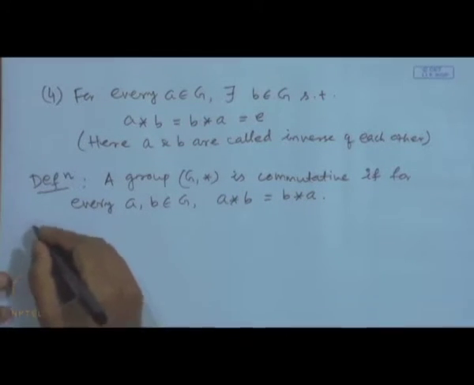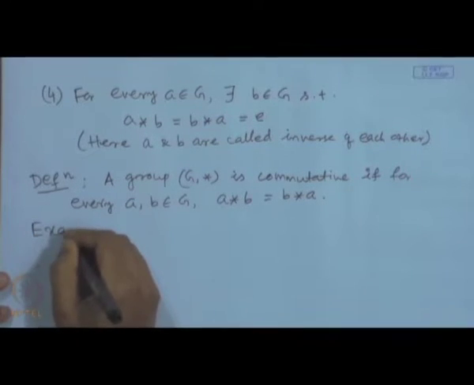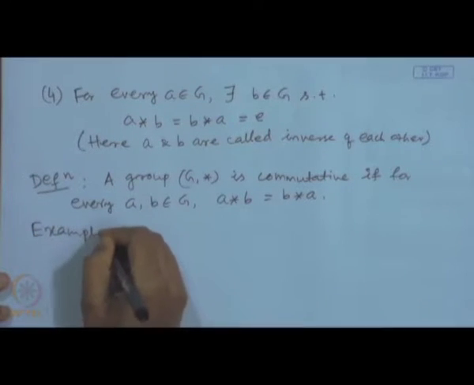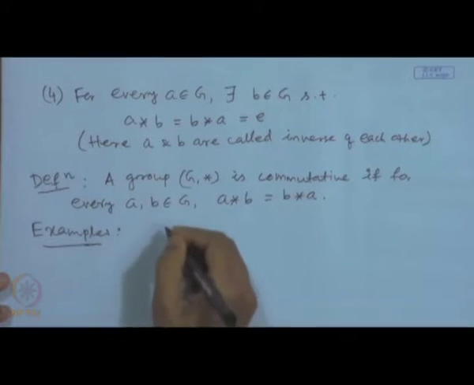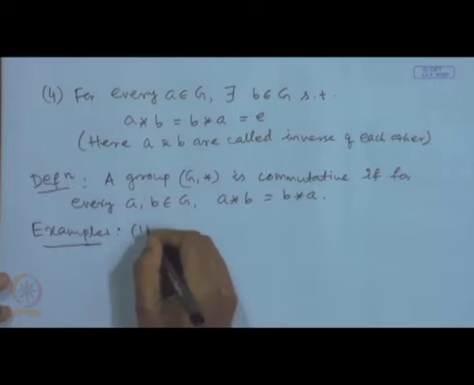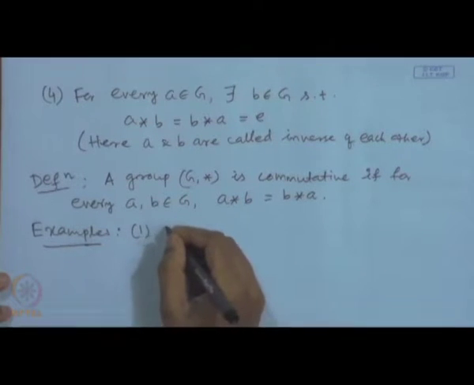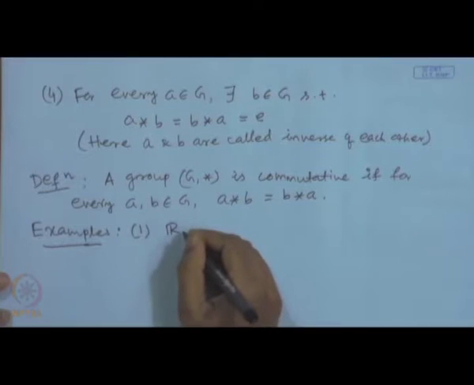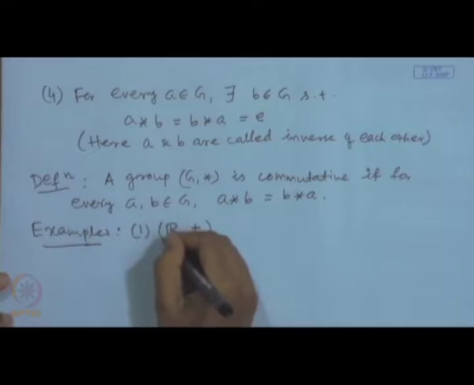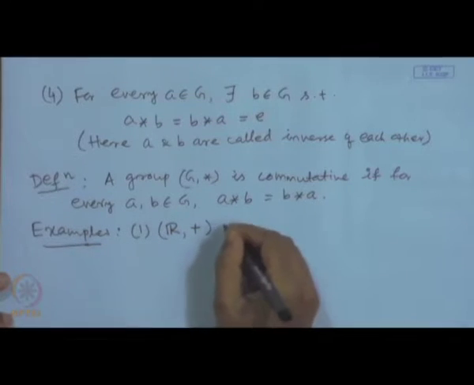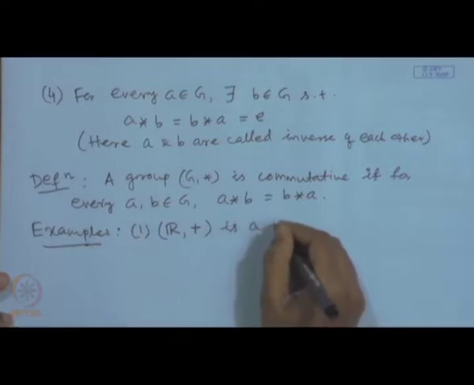Next, let us see some examples of groups. First one is a very natural one: the set of all real numbers with usual addition operation is a commutative group.